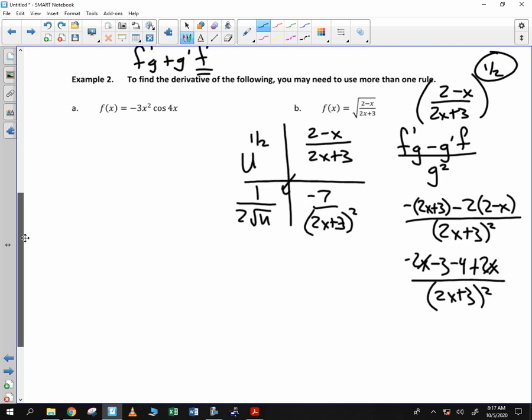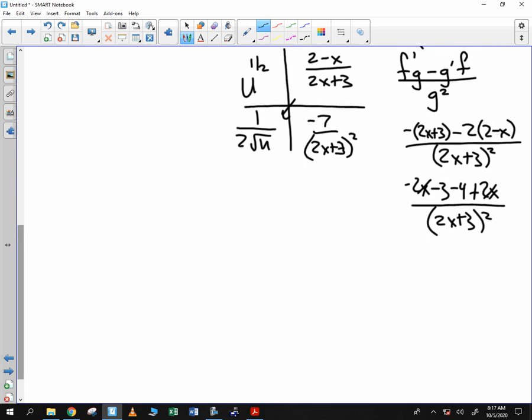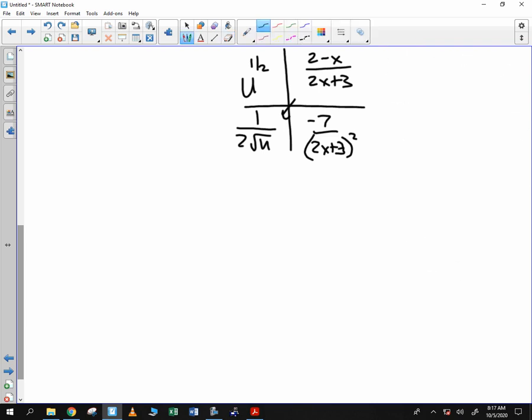Now, this sometimes frustrates people when you get to this spot, because you do end up with a complex fraction. Don't give up. Just give yourself some extra space and be patient. We have 1 over 2, 2 over 1, roots of 2 minus x over 2x plus 3. So when you plug that 2 minus x over 2x plus 3 back in, you can see the complex fraction that results.